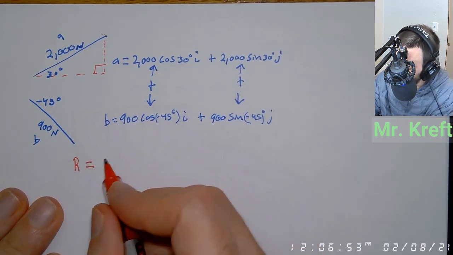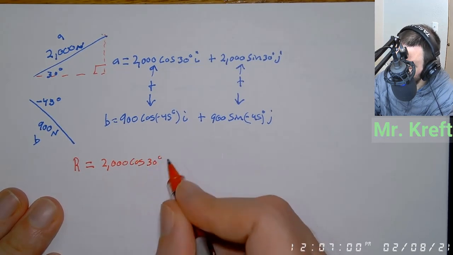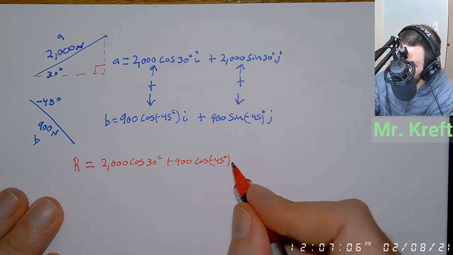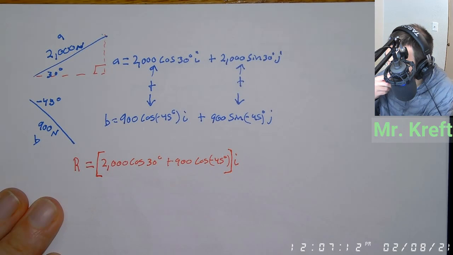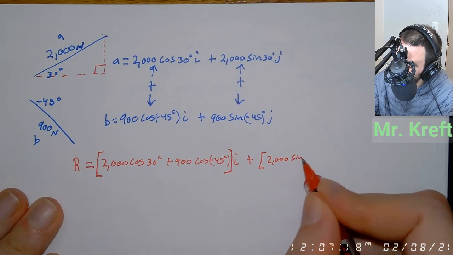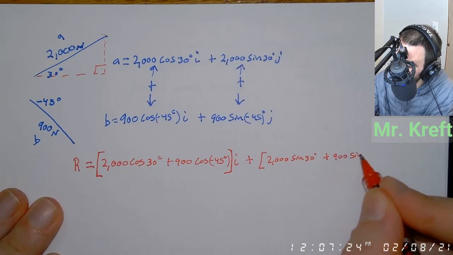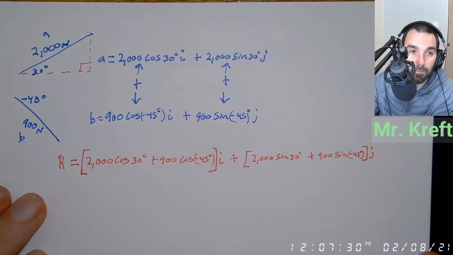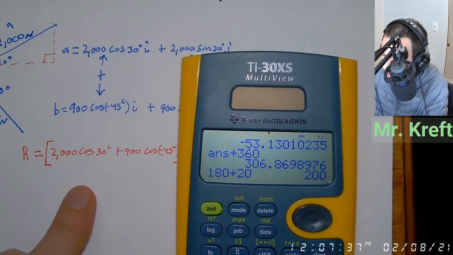The resultant vector is going to be 2000 cosine of 30 degrees plus 900 cosine of negative 45 degrees, i, and then plus 2000 sine of 30 plus 900 sine of negative 45 degrees, j. And I'd get my calculator out.